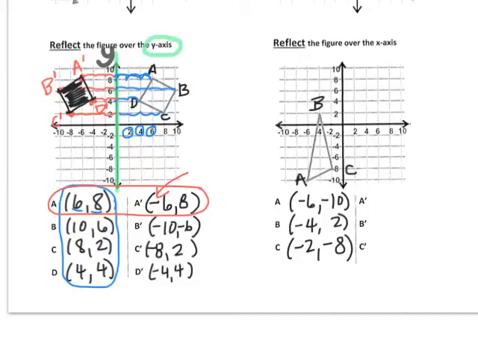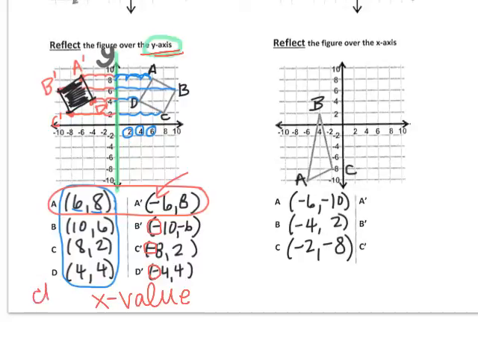I've written in the ordered pairs for B prime, C prime, and D prime, and if you look, the only change that you're noticing is the negative sign in front of the x value, and that's because we used the y-axis to reflect the figure. So when we use the y-axis, the x value gets a new sign, right?